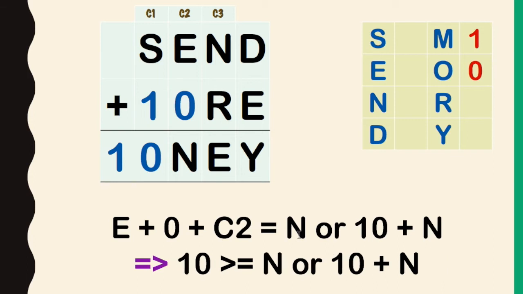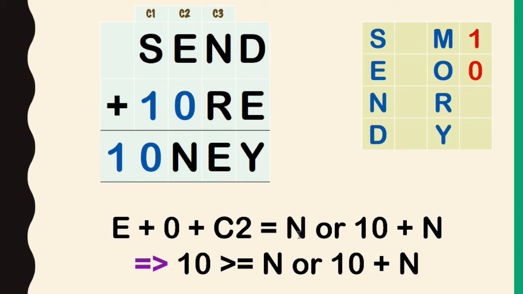So 10 is greater than or equal to N or 10 plus N. So if there is a carry, it will be 10 plus N. Now we know that the value of N cannot be 0 or 1. So what does this imply? That for 10 to be greater than or equal to 10 plus N, the value of N will be 0.